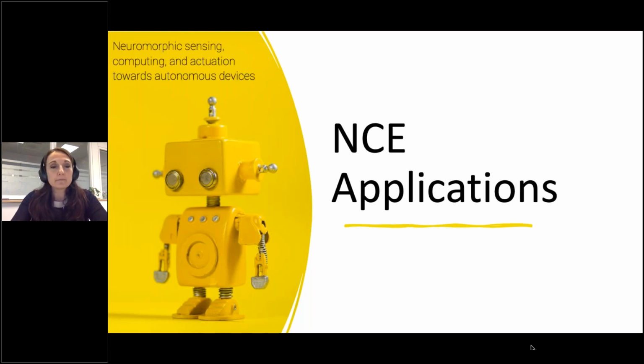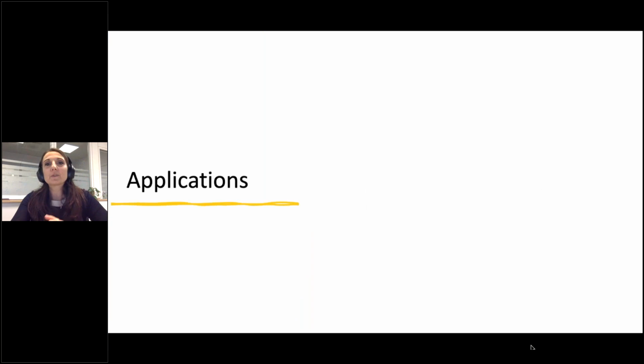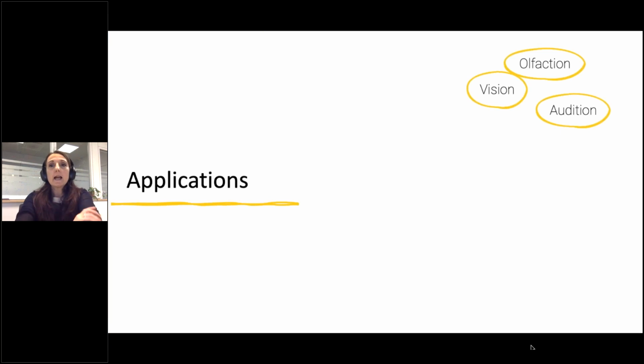So I have tried to put together all the contributions in this roadmap about the applications. First of all, we have applications mostly in terms of sensing. We have vision, olfaction, audition.